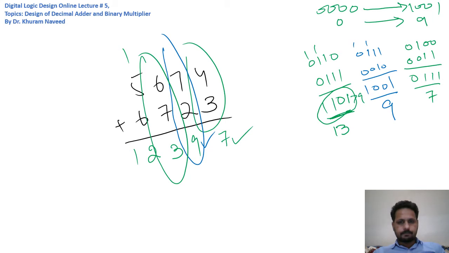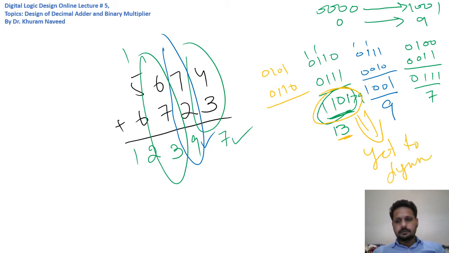The BCD of 5 is 0101, and BCD of 6 is again 0110, and when we add these, there is a carry because this is greater than 9. We do not know what this stands for in BCD. We have yet to figure it out, but one thing is clear, that we will have a carry to the next addition.